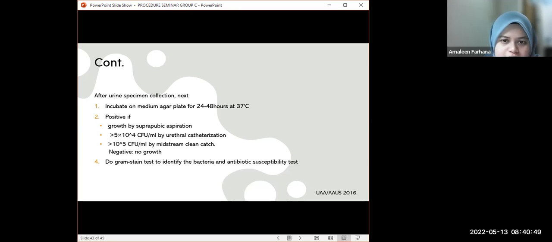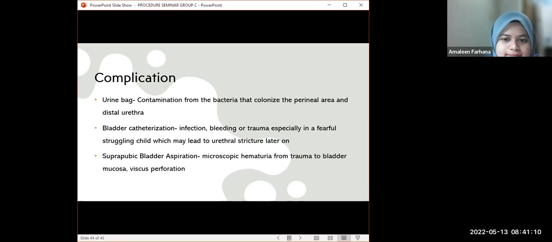So basically, different methods of urine sample collection have different cut-off points in order to diagnose UTI. When the result is positive, we will proceed with gram stain and antibiotic susceptibility test.